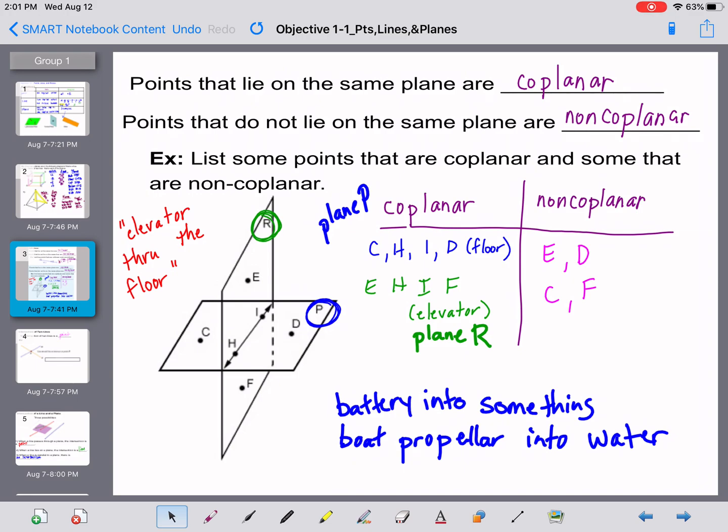So all of the points that are on that plane R would be E, H, I, and F. Now, if we look over here on our right column, our non-coplanar points, to the blue, to the floor, which is plane P, the 2 points, E and F, are non-coplanar. The 2 points on the green would be C and F.